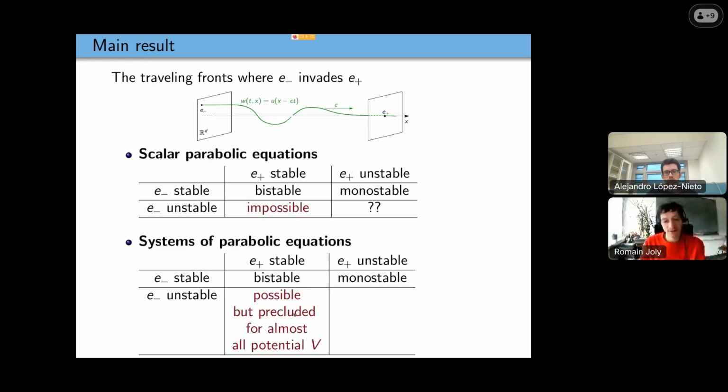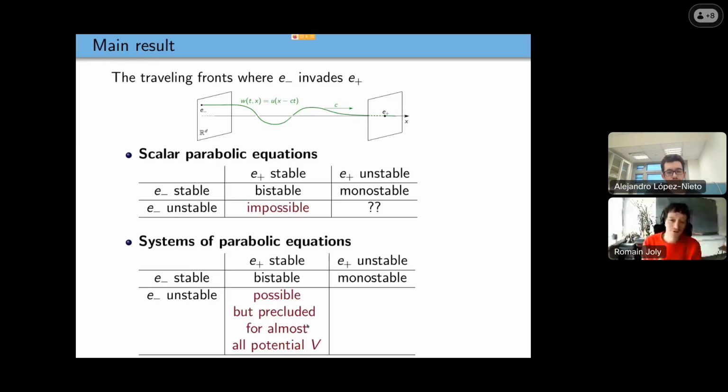A consequence of the results of my work with Emmanuel is that it may exist, but in our PDE it does not exist for almost all potentials. So if you take a generic potential, this kind of solution, a reversely monostable traveling front, does not exist.